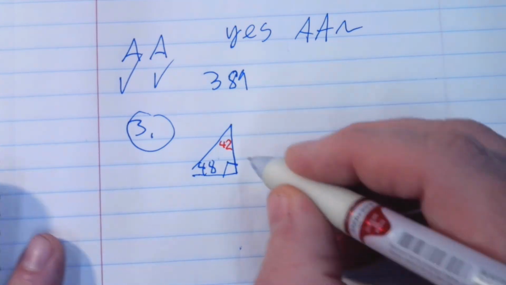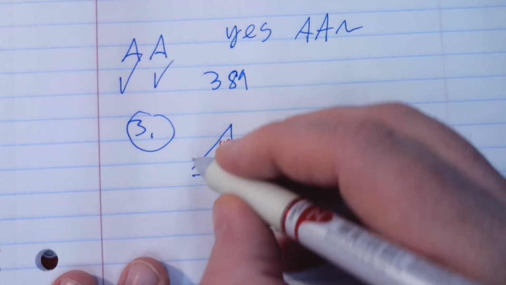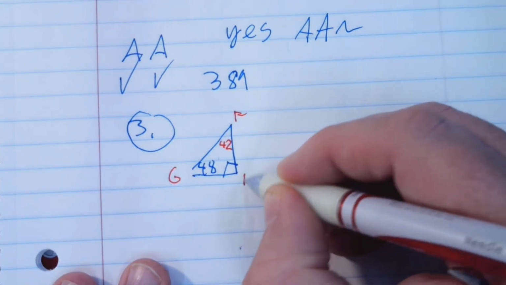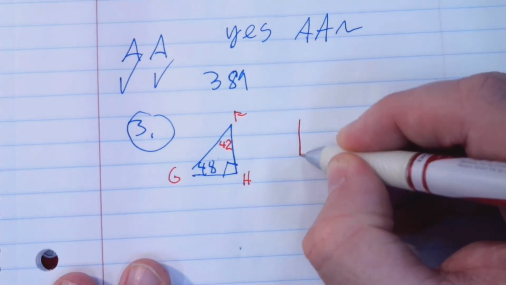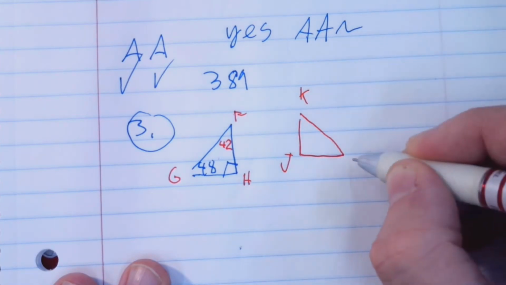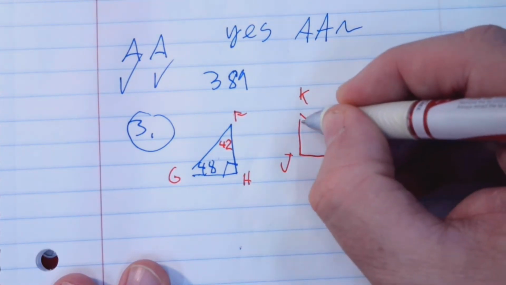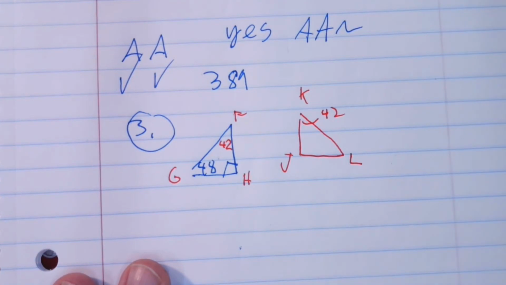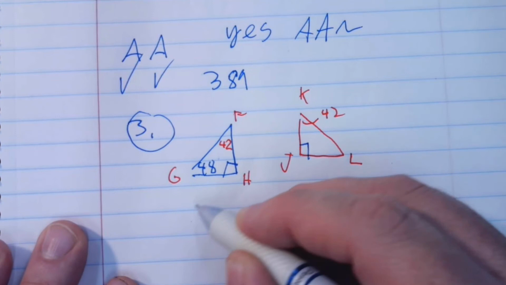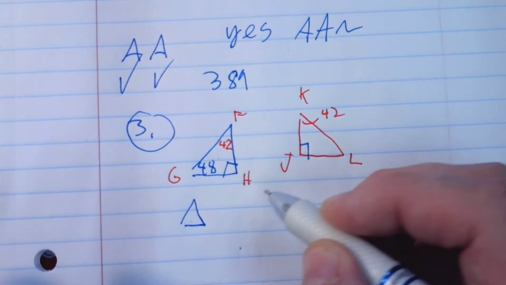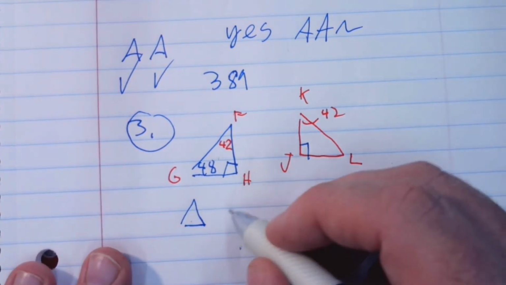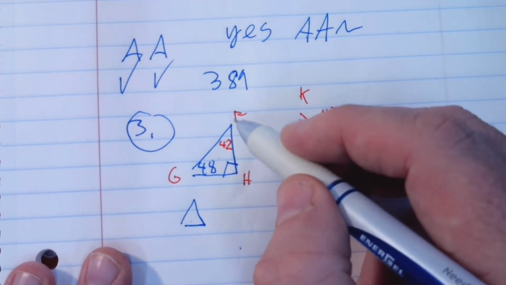And now I need to write a similarity statement. And I'll label this just so I can show you how to do the statement. Because order does matter when you're doing a similarity statement. Order does matter. Just like when we did a congruency statement. Okay. So let's see here. I'm just going to start with easy parts. However I start the first triangle and however I start the second triangle, probably if I do this, I'm going to do it in alphabetical.